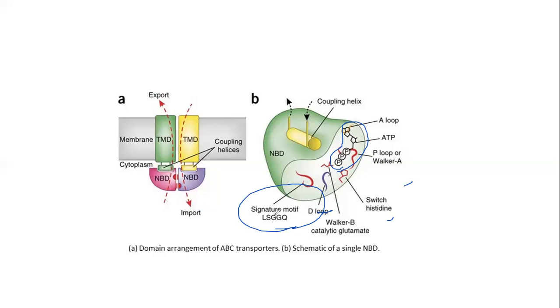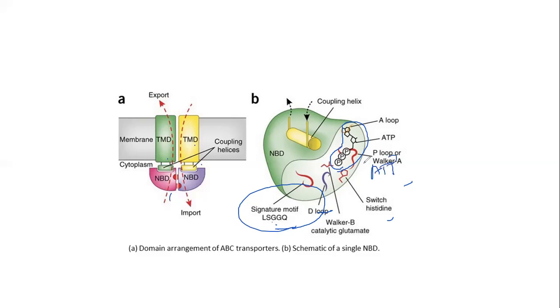If the question comes up, like how ATP is interacting or resulting in the hydrolysis or opening of the ABC transporter, you just have to understand that when ATP binds and makes interactions with the signature motif, the TMDs come together.